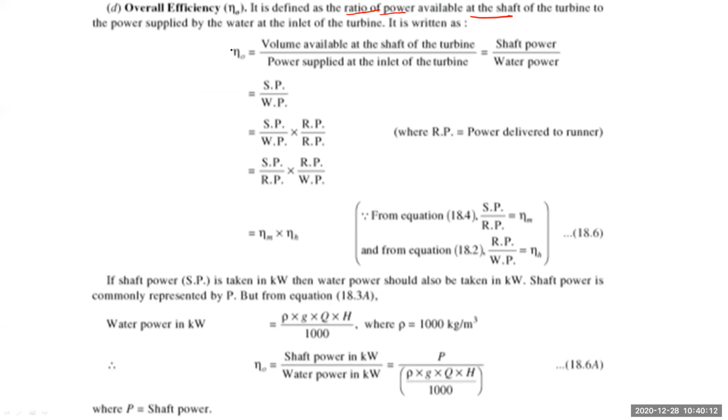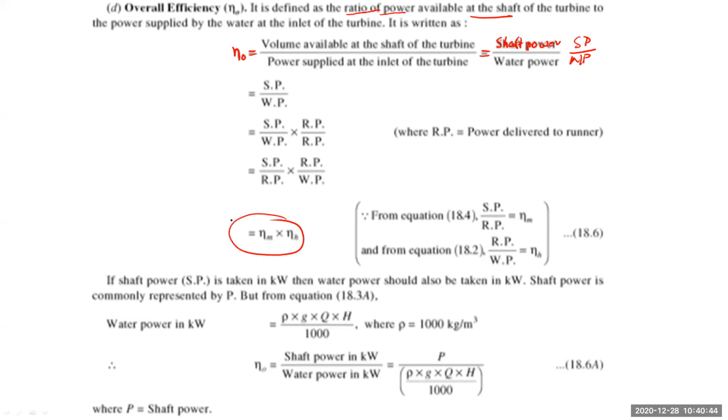So we can write overall efficiency, eta O, is equal to the power available at the shaft of the turbine to the power supplied at the inlet of the turbine. In simple words, we can write it as shaft power, SP in short, upon water power.